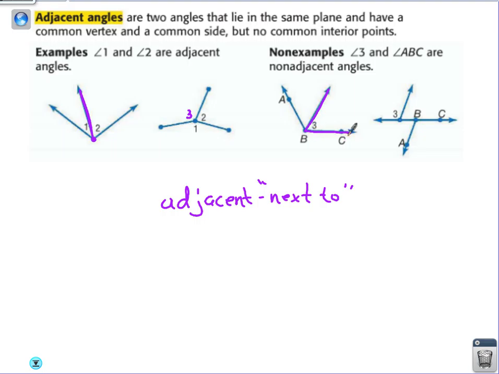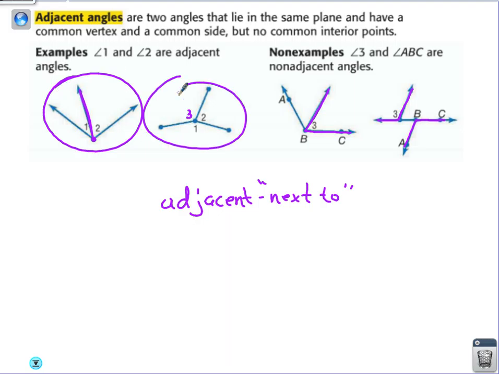They share this common side. But angle 3 is kind of inside of angle ABC. They're not next to each other. Angle 3 and angle ABC are not adjacent because they don't have a common vertex. So you see examples of what adjacent angles look like and what adjacent angles don't look like.